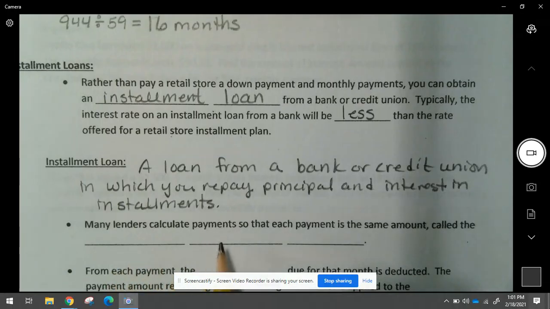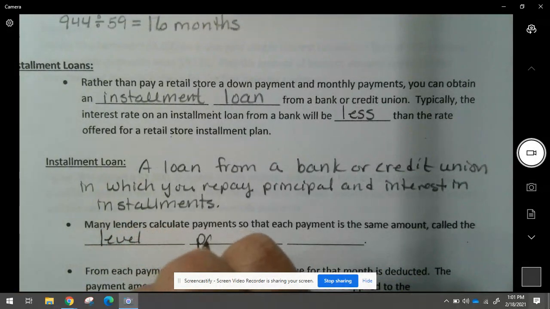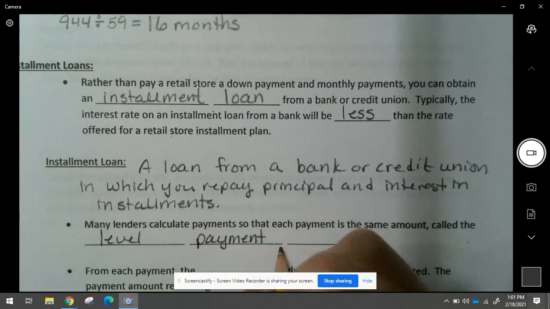Many lenders calculate payments so that each payment is the same amount, called the level payment plan. And car loans are definitely level payment plans.